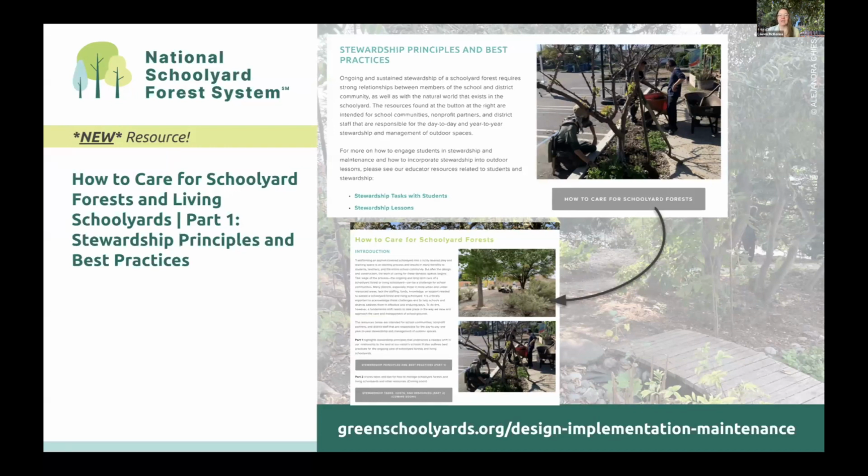In the link, scroll to the bottom and you'll see the section Stewardship Principles and Best Practices, and you'll see a gray box, and it will link to Part 1 and Part 2. Part 2 is upcoming, and we'll hopefully have another webinar in the future to discuss that resource.